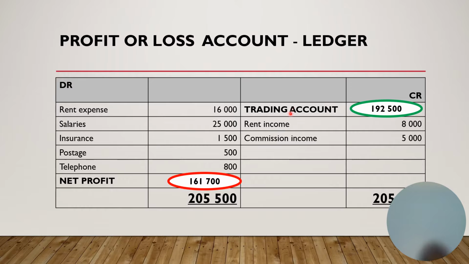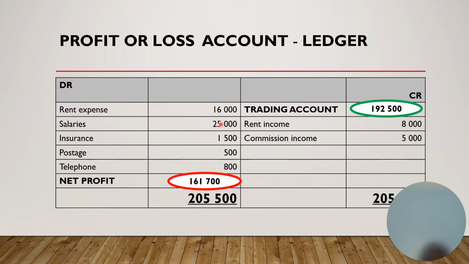The reason we write here trading account is to show that it is coming from the trading account. So if you remember the previous slide, we said you say gross profit plus other income, in this case, which is rent income and commission income, and then you minus your expenses. These are your expenses.